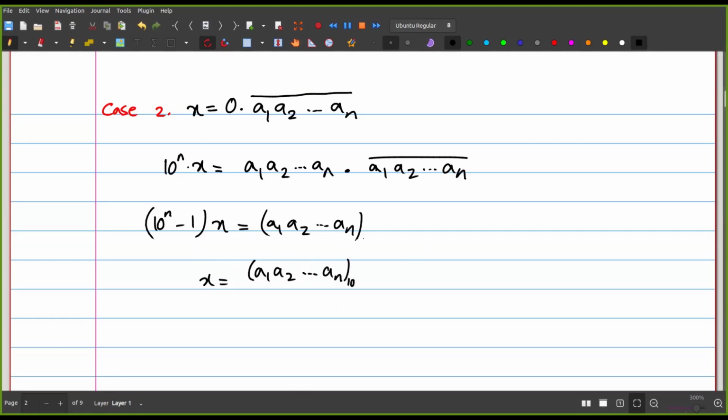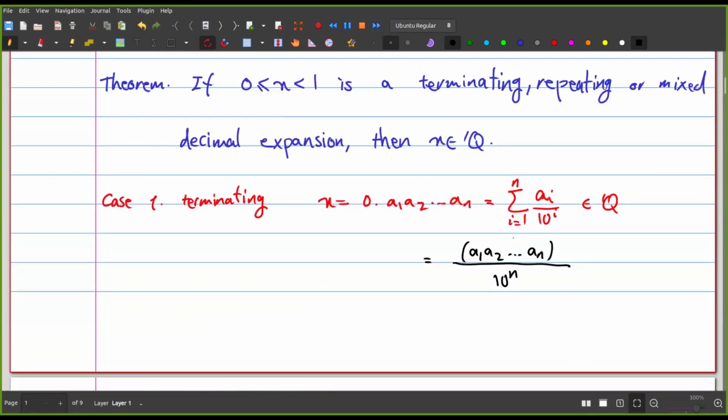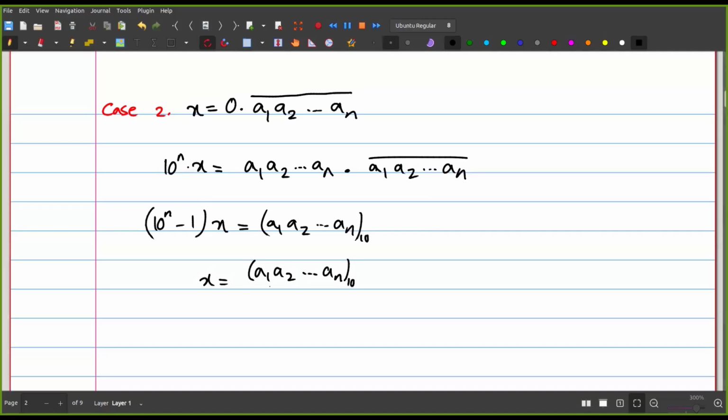Actually, maybe I can just write a 10 here to show that this is a number in decimal. Maybe I could also do it here. Divided by 10 to the power of n minus 1. And of course, each of these two are integers, so this x is going to be a rational number.